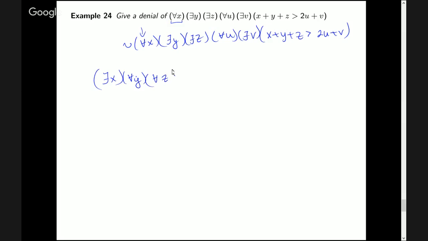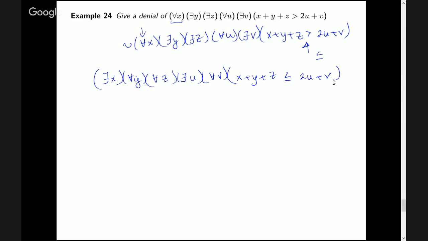For all Z. For all becomes there exists a U. There exists a V becomes for all V. And now I have to negate this whole thing. Well, when you negate something with an inequality on it, that's going to become less than or equal to. So then this becomes X plus Y plus Z is less than or equal to 2U plus V. That makes sense.